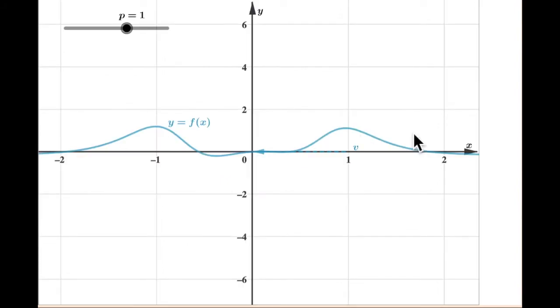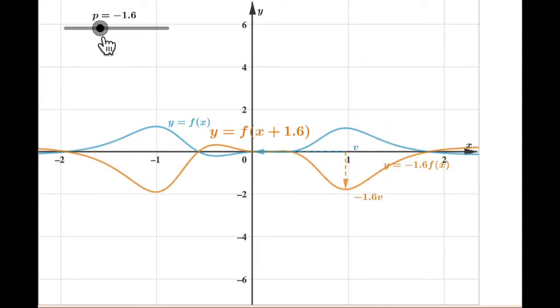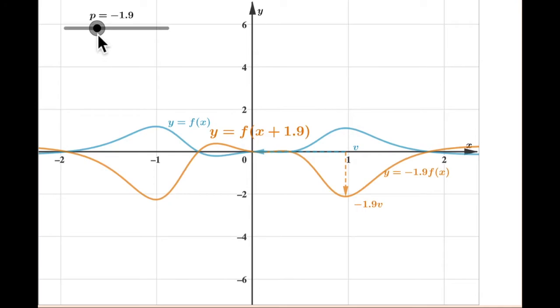Now for the stretches, it's the same thing with the visualizer. Let's say I'm decreasing the value of p, and if I keep it to -2, or -1.9, we can see that the graph has stretched -1.9 times vertically.